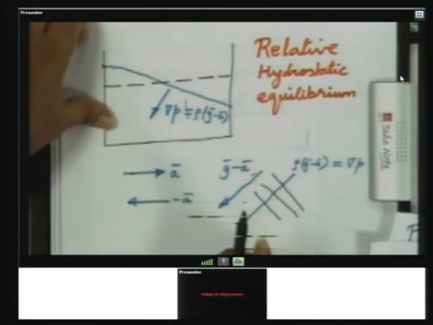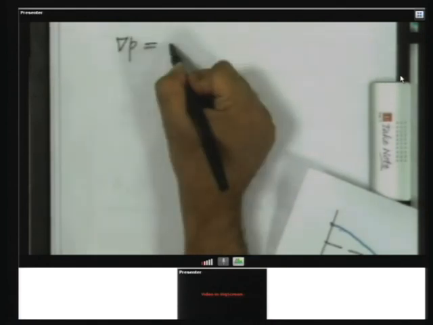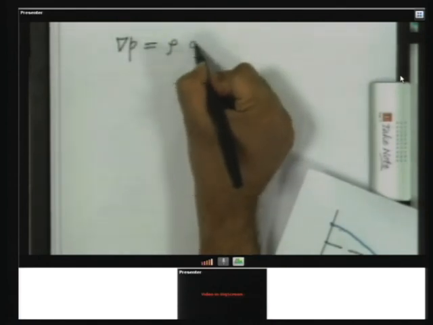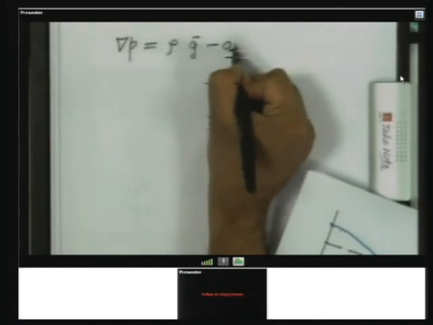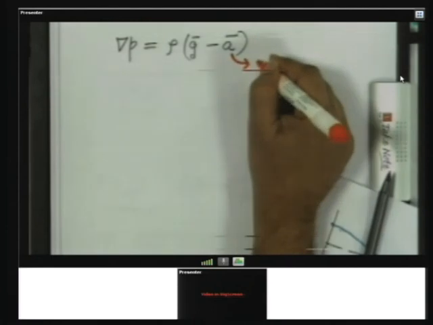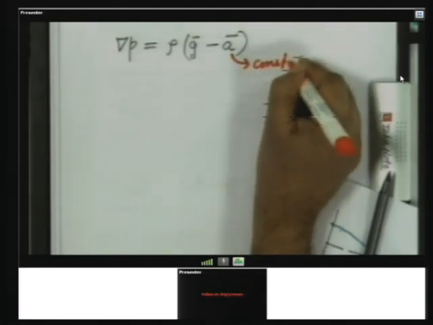Okay, so I have explained the thing using a graphical means. And now, if you want to find the pressure distribution, you look at this equation, grad P is equal to rho times G minus A, and we are looking at the case where this is a constant vector.